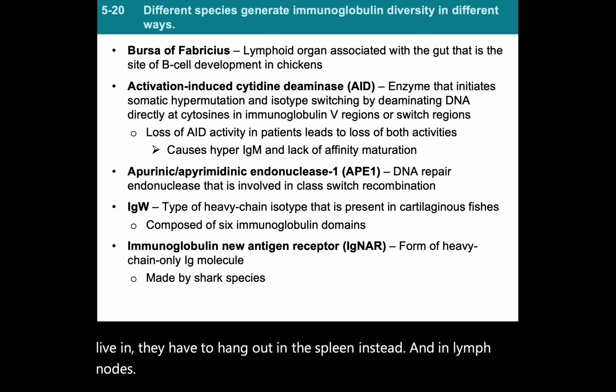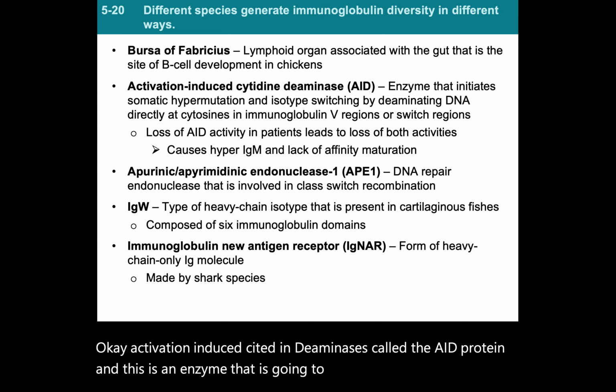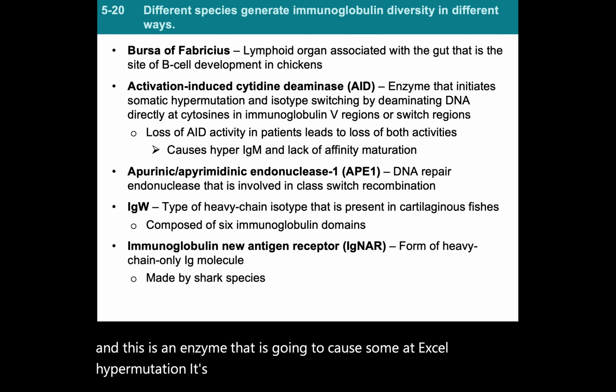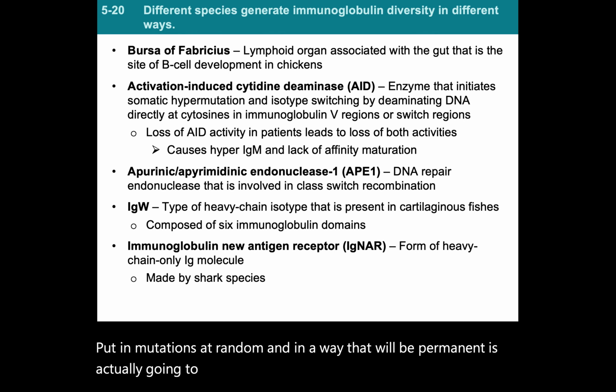Okay, activation-induced cytidine deaminase is called the AID protein. This is an enzyme that is going to cause somatic hypermutation. It's just going to put in mutations at random and in a way that will be permanent. It's actually going to edit the DNA.